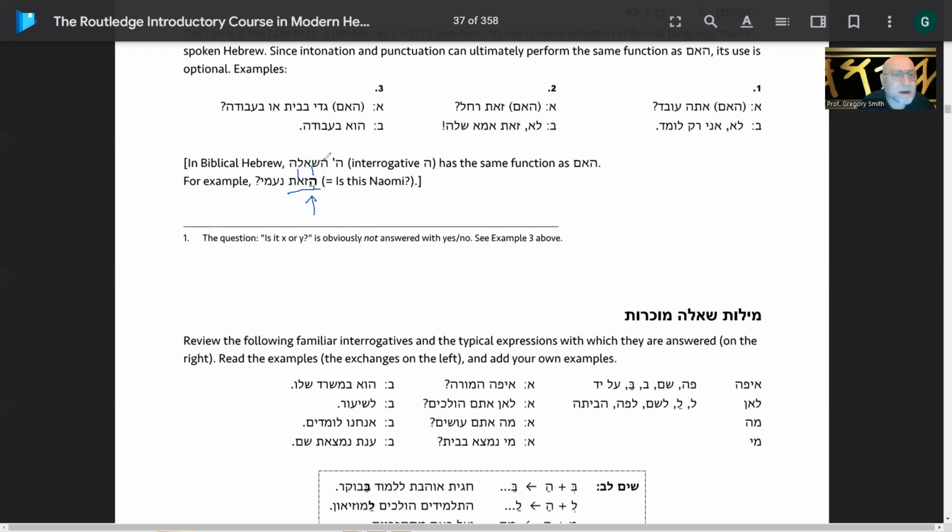There's a special name to differentiate it from the patach. Yeah, hataf patach, there it is.